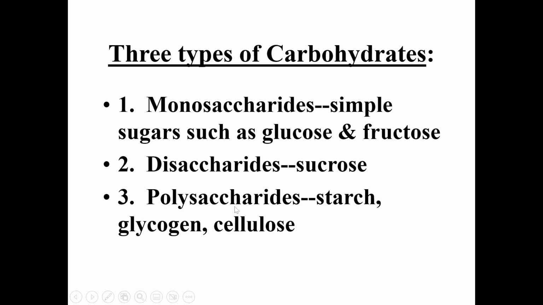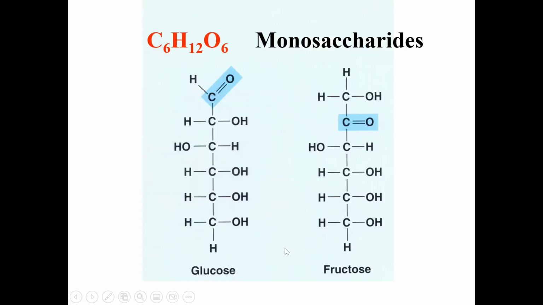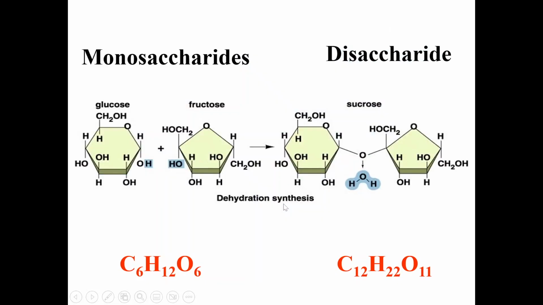So polysaccharides are formed from multiple monosaccharides. Disaccharides are only formed from 2 monosaccharides, okay? And some examples of this is starch, glycogen, and cellulose. So once again, we're just kind of showing you your monosaccharide for glucose, your monosaccharide for fructose here.